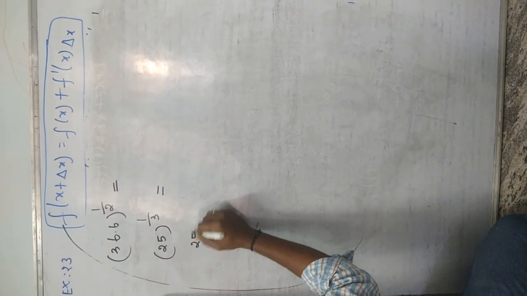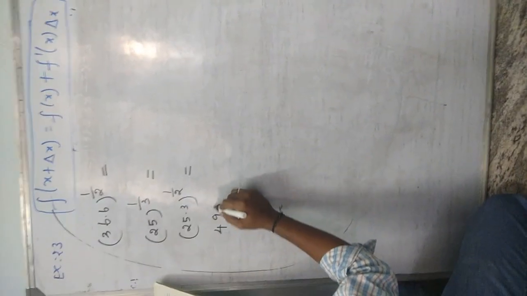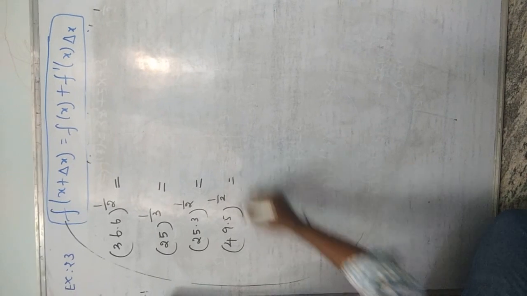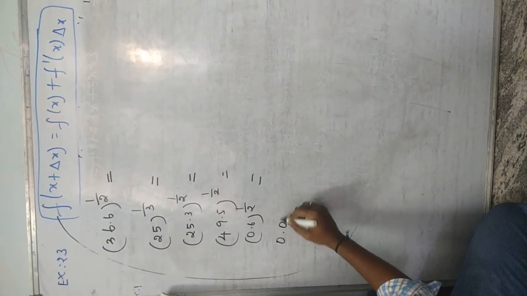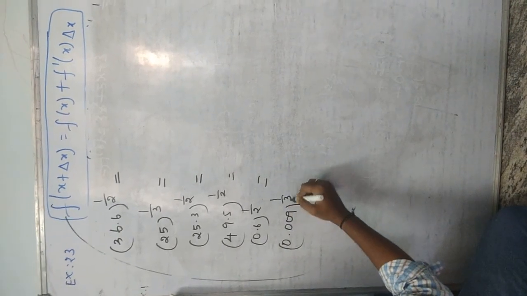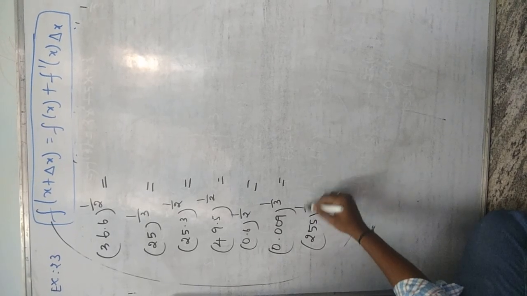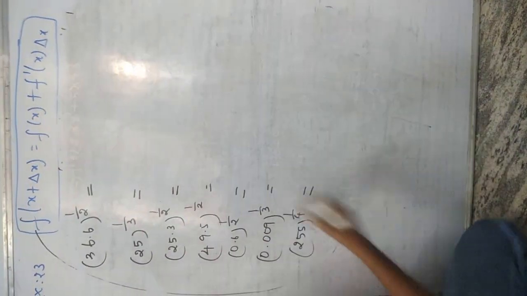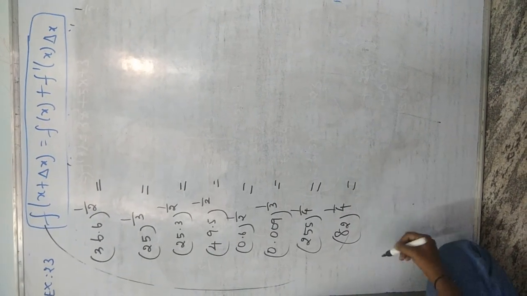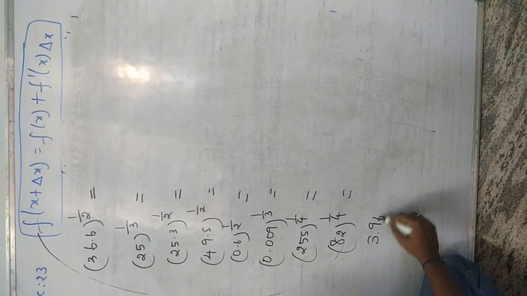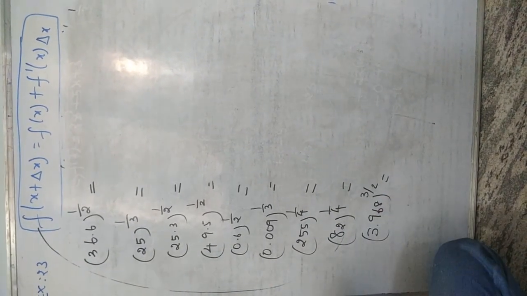Next, 25.3 power 1 by 2, x and delta x. 49.5, x and delta x. 0.6 power 1 by 2, x and delta x. 0.009 power 1 by 3, x and delta x. 255 power 1 by 4, x and delta x. 82 power 1 by 4, x and delta x. 3.968 power 3 by 2, x and delta x.